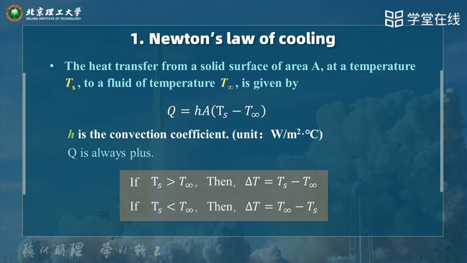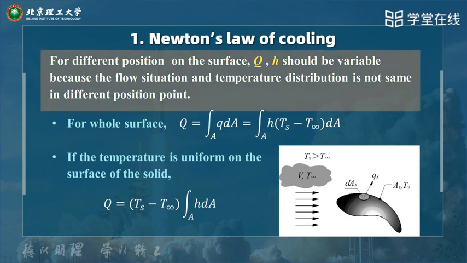If Ts is smaller than T infinite, the temperature difference is T infinite minus Ts. Always Q is positive. We can call it the heat transfer flow rate. The unit is watt per square meter times degree.